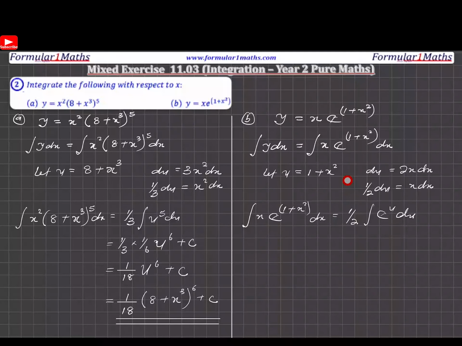And this now is very easy to integrate. I have half e to the power u plus c. If I replace the u with the substitution I made earlier, I'm going to get half e to the power brackets 1 plus x squared, plus c. And that is the final answer.